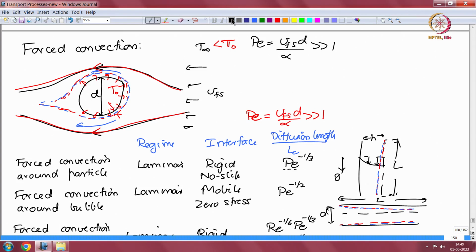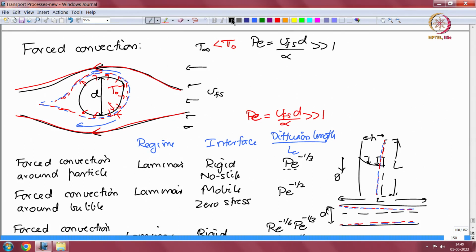Therefore, it will not be able to diffuse very far before it gets convected downstream. And as the strength of convection, the free stream velocity, increases, or the Peclet number increases, this disturbance to the temperature field due to conduction from the wall will be restricted to a thinner and thinner distance close to the surface.